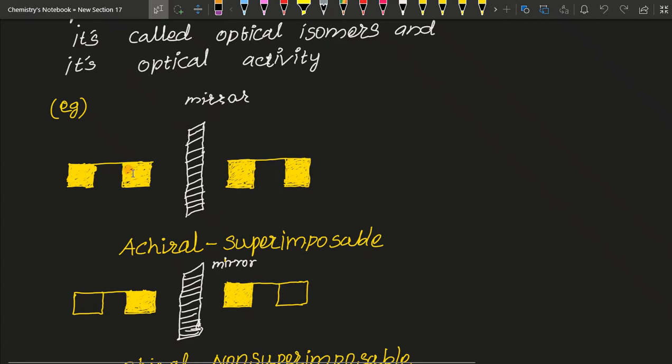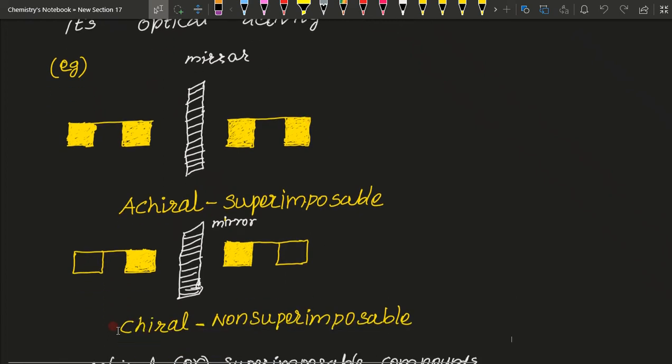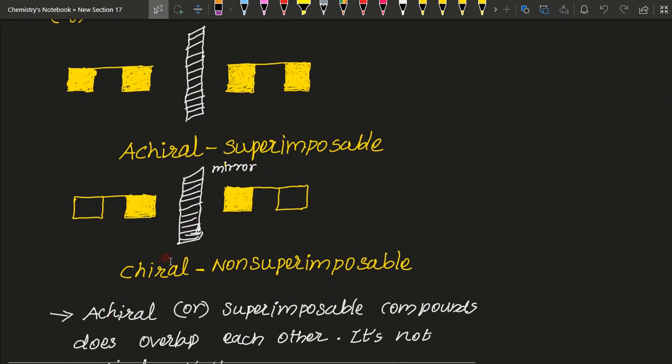So this is called achiral, because this mirror image is going to the other side. But see here below, this mirror image does not overlap. This is called chiral, non-superimposable.